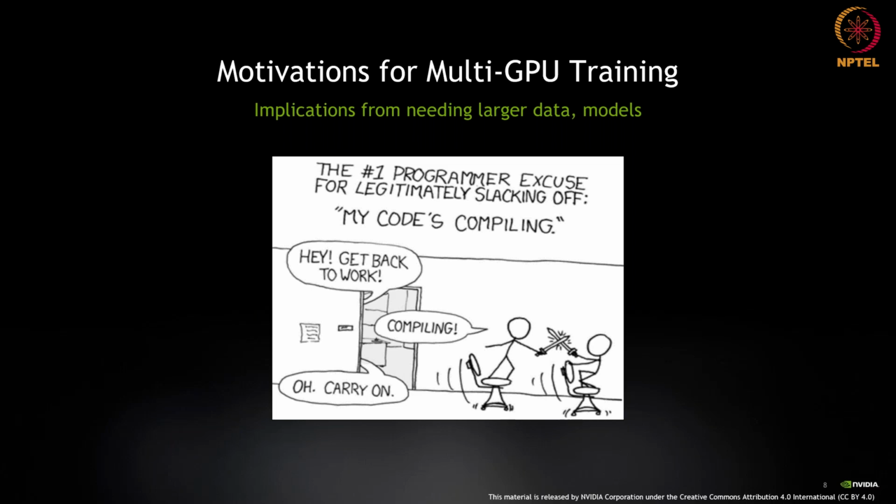The same thing exists for deep learning, or even for the data science world, where if you choose a particular model and a particular data set, you give it for training, and most of the time you'll just submit a job and come back after a day or a week or sometimes more than that, realizing that maybe the model that you tried out is not even good, or the changes that you made to the layers were not even working, and you're not getting into the convergence zone which you would have expected.